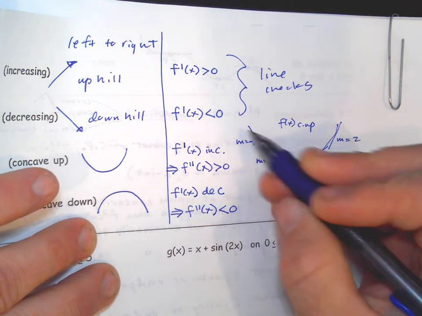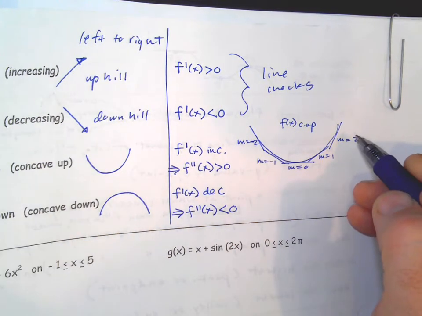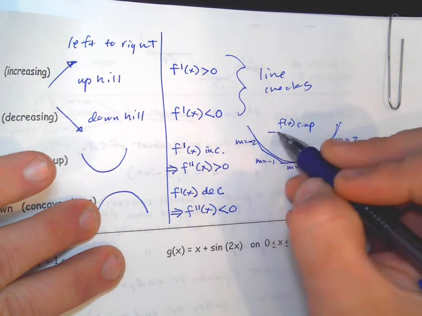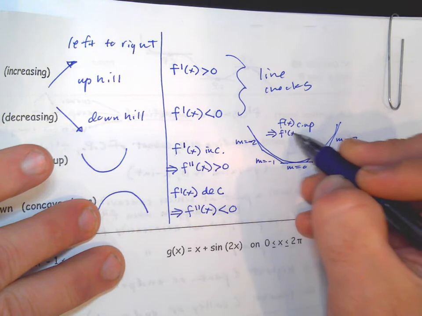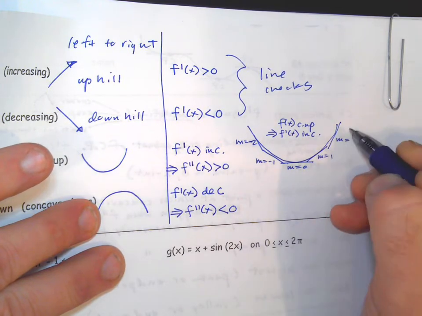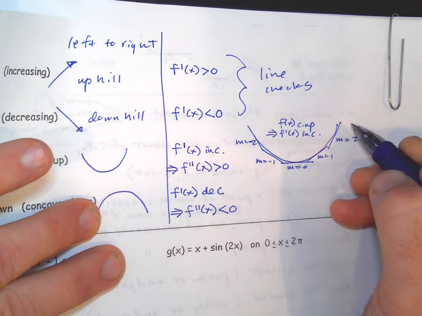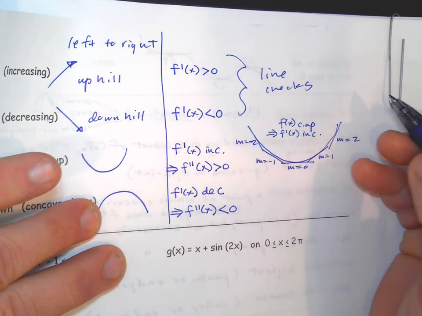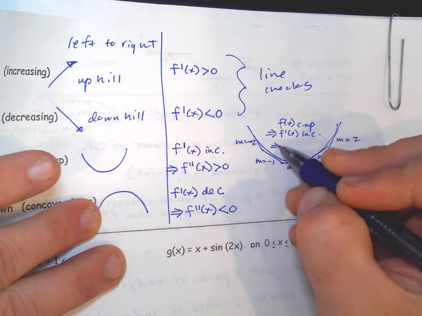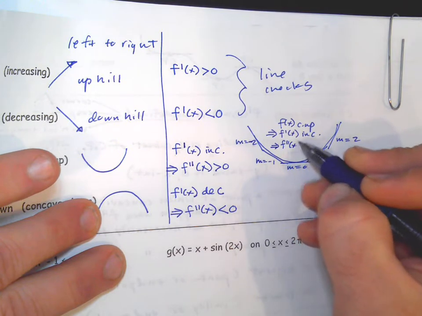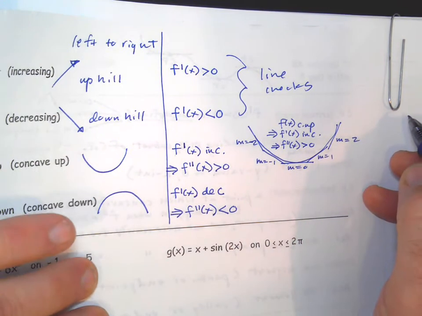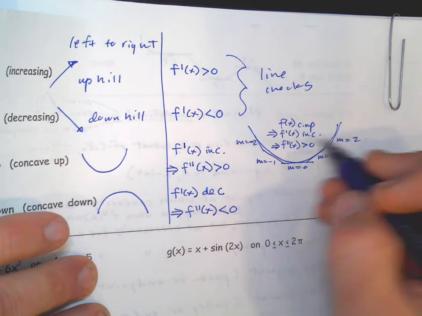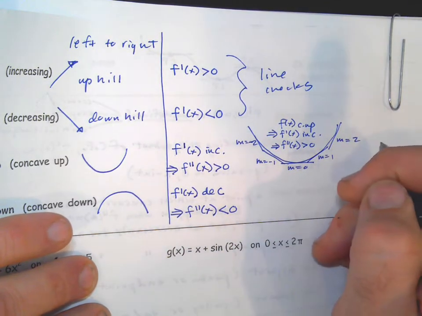So the slopes aren't all positive or all negative, but they're getting bigger all the time. They're increasing. So f prime of x is increasing if it's concave up. That means the derivative of f prime is positive, so the second derivative is positive. That's why the second derivative being positive is concave up, because the derivative of all the slopes is positive.